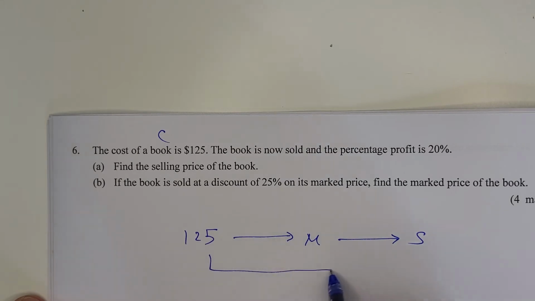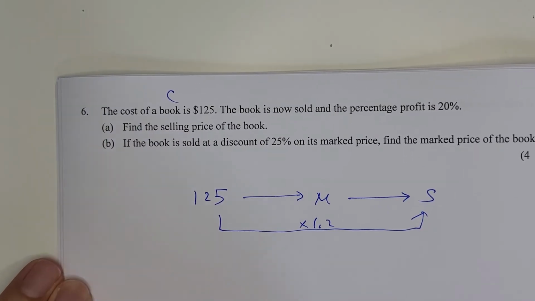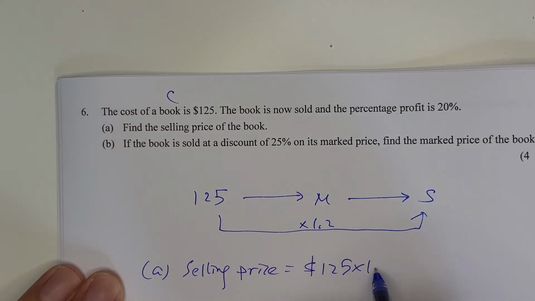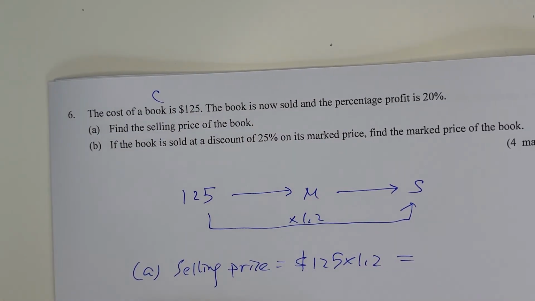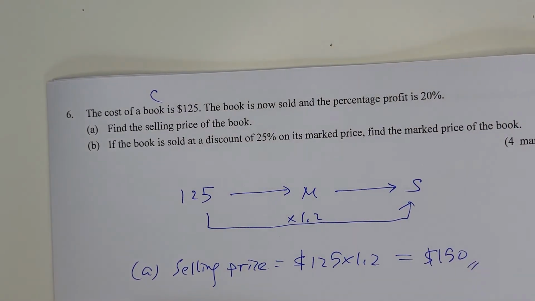That means the cost price multiplied by 1.2 is the selling price. So part A will be very straightforward. Selling price, that is 125 times 1.2, then you will get the answer 150. So finish part A.